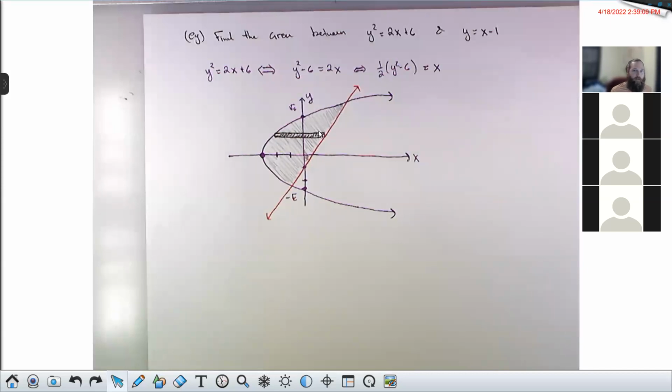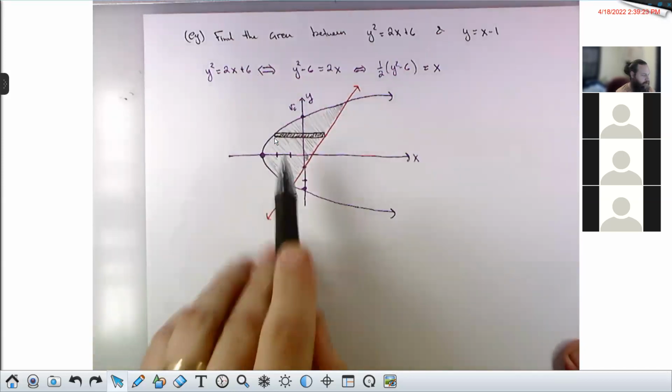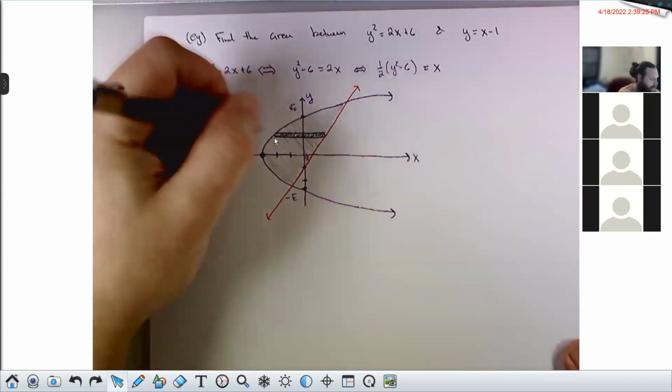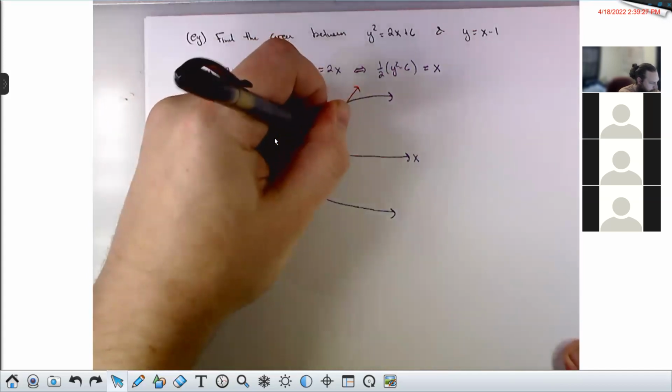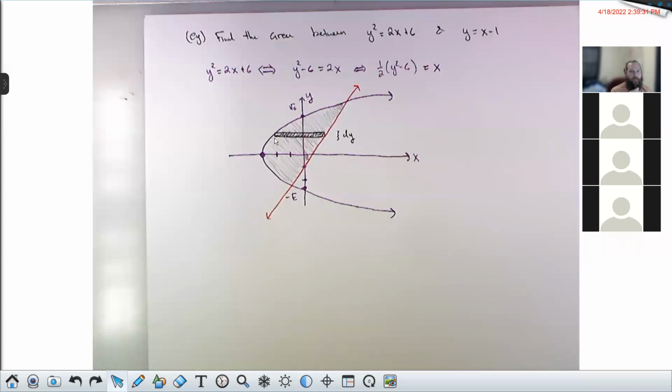So we want to think of this area as being filled up with infinitely many little rectangles like this. And the idea is that this is now your height. Instead of the height of your rectangle being a vertical distance, it's this horizontal distance. And the width of your little rectangle here is dy or delta y. And we integrate the right minus the left.